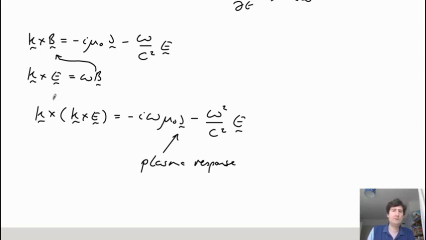And so in vacuum we just have this k cross k cross E, and here I have omega squared over c squared. And this of course just gives light waves with speed c.